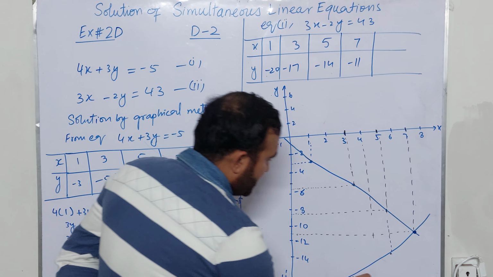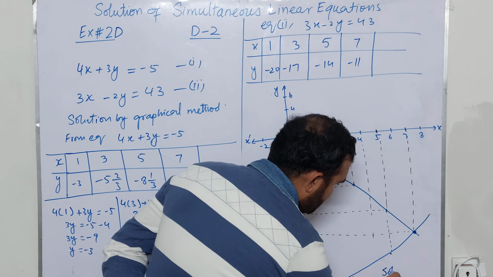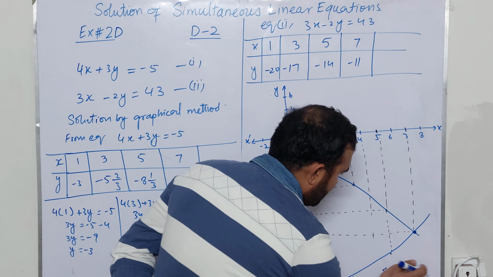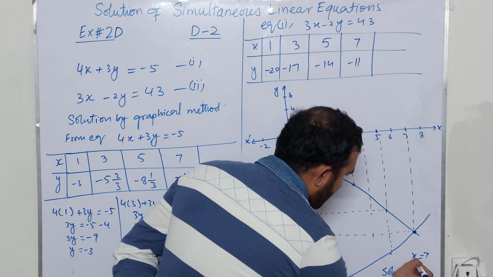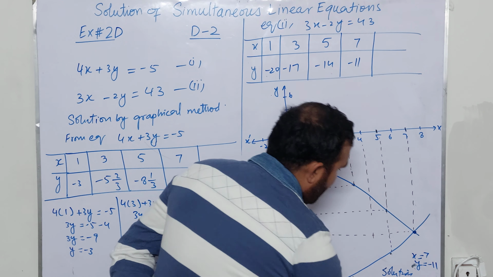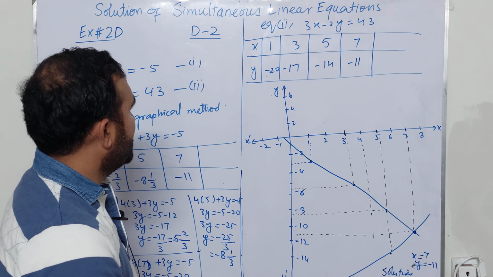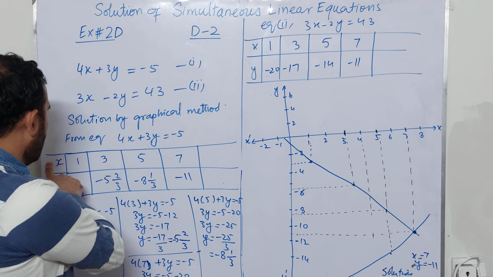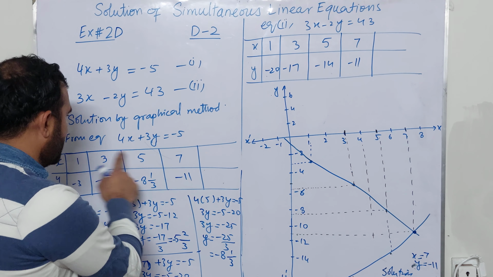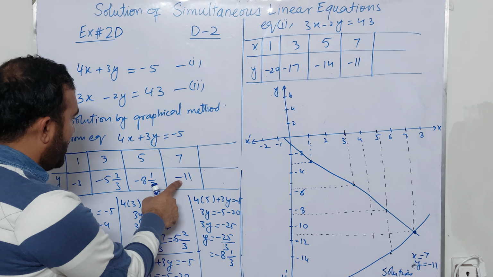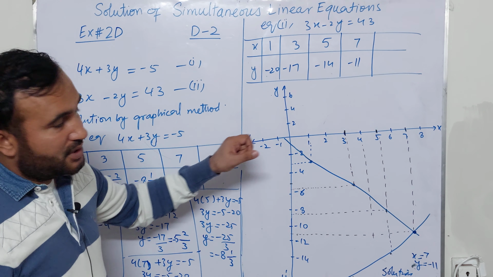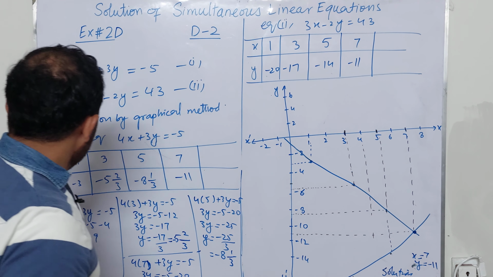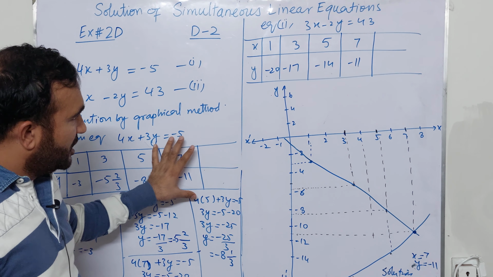So our solution is x is 7 and y is minus 11, and you can see this from both the tables as well. When we replace x with 7, then we get y as minus 11 from both the equations. When x is 7, then y is minus 11 in both the tables.